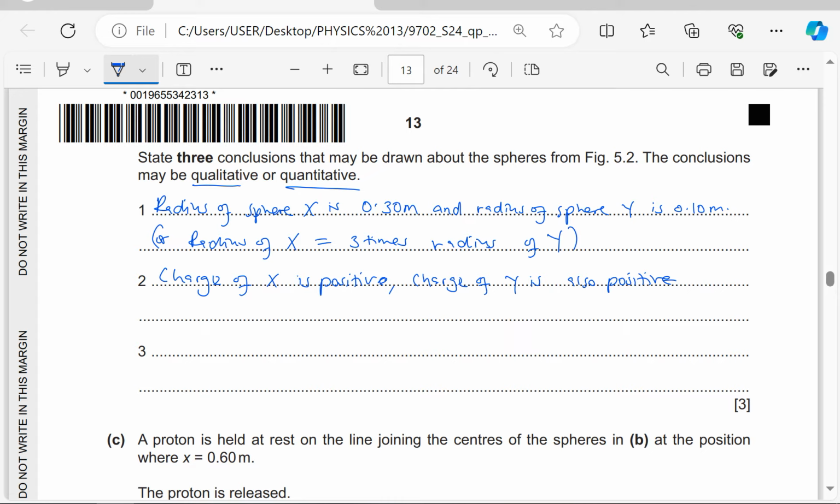Or I would simply say the spheres X and Y carry charges of the same sign.